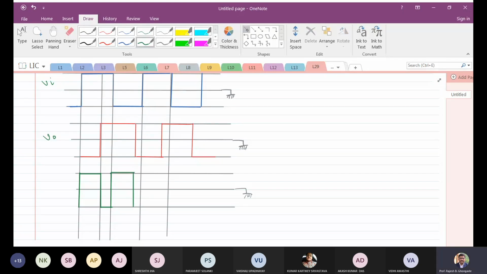So do you see any pattern there? Guys, while I'm drawing, do you see any pattern? Yes, sir. So what is that pattern? Can you tell me?